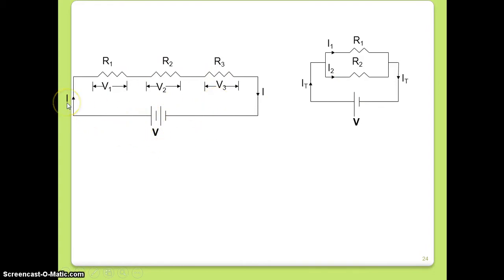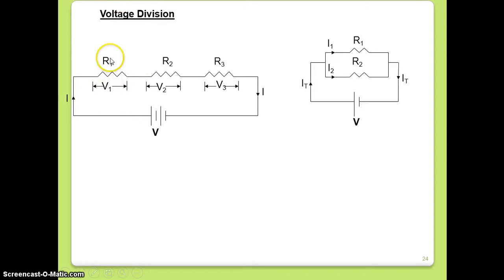The information about the current is that there is only a single current flowing through the entire part of the circuit, but the voltages can be different. And these voltages are derived from the supply voltage, or we say that the supply voltage gets divided into individual or separate voltage drops. So in a series network, voltage divides.